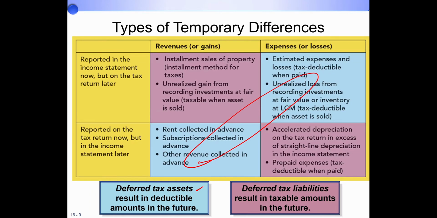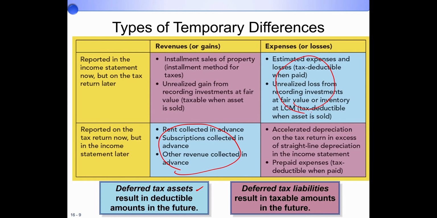So this is the revenue. Those revenues were reported on the tax return, but are going to be reported in the income statement later. In accounting, we're going to recognize those later. And how about the expenses? Those expenses will be reported in the accounting right now, but will be reported in the tax return later.